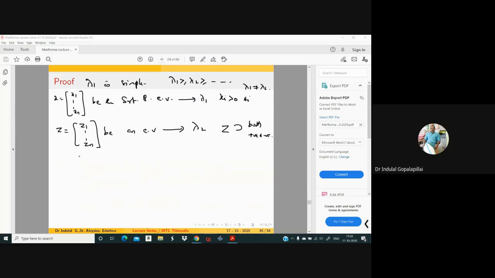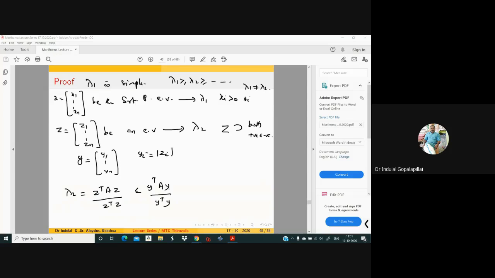We define a new vector y = (y1, y2, ..., yn) such that yi = |zi|. Now, by the Rayleigh quotient, lambda 2 = z^T A z / z^T z, which is less than or equal to y^T A y / y^T y, because the entries in y are the modulus values of z.